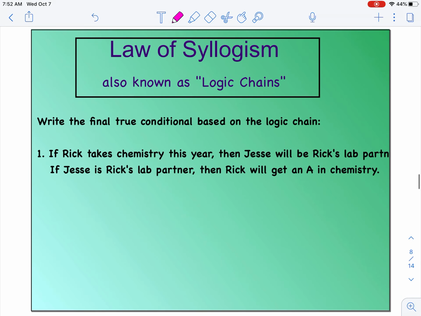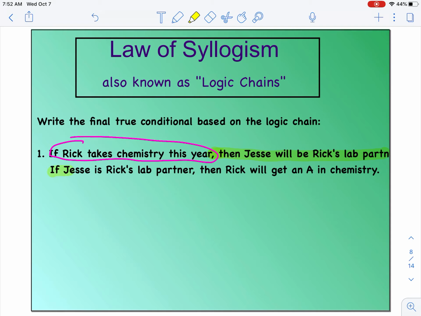Let's look at another example. It says, write the final true conditional statement based on the logic chain. If Rick takes chemistry this year, then Jesse will be Rick's lab partner. If Jesse is Rick's lab partner, then Rick will get an A. So again, here was our original hypothesis, and it led to this conclusion.